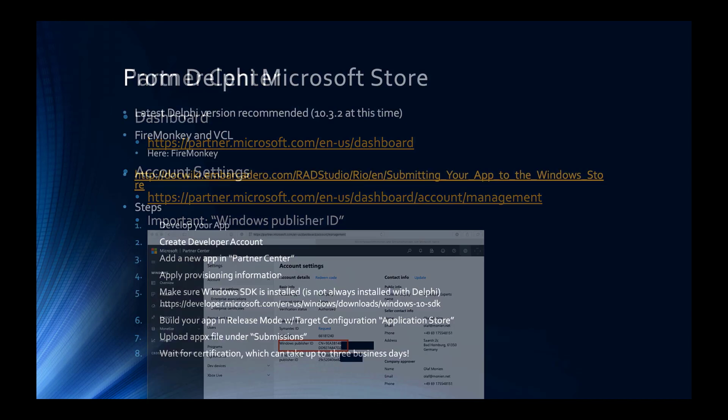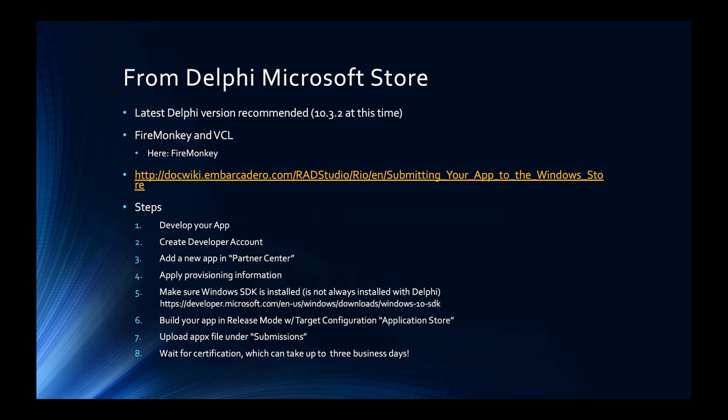Okay, so from Delphi to Microsoft Store, there are a couple of steps and requirements. First thing is, I recommend using the latest Delphi version. It might work with older versions. Obviously, I tried everything with 10.3.2 at this time, so it's Delphi Rio. Technically, everything I'm explaining here should work with C++ Builder as well, of course.